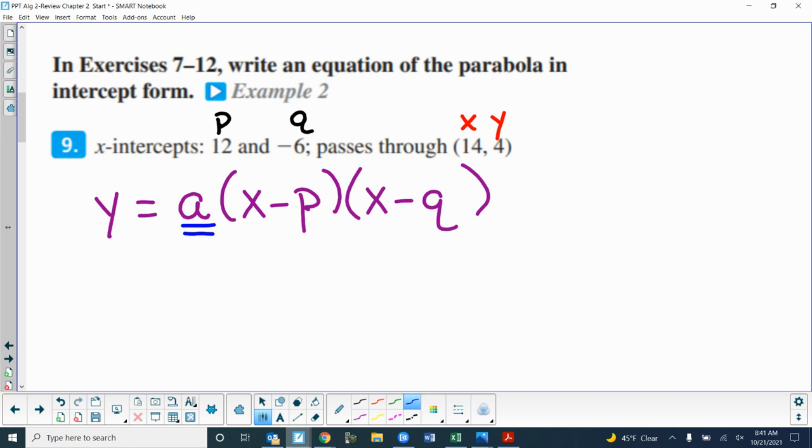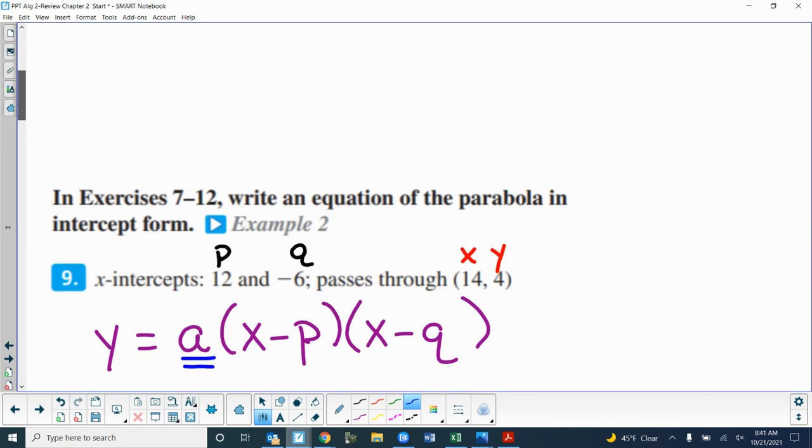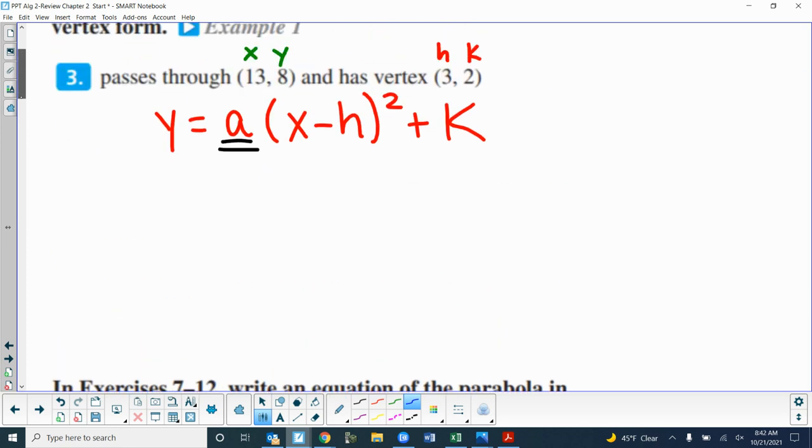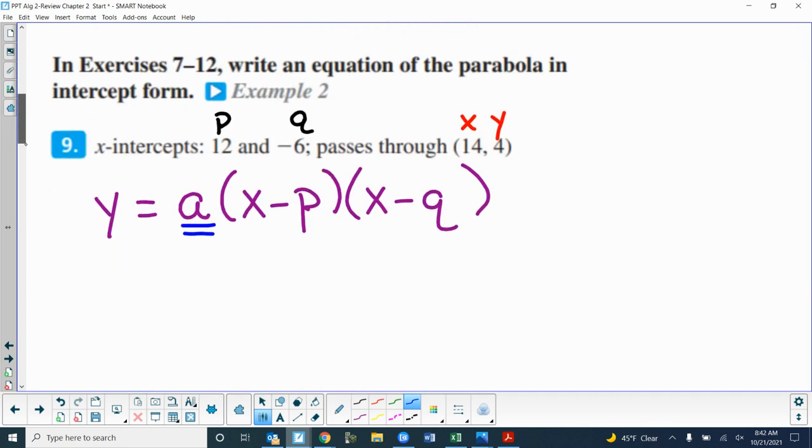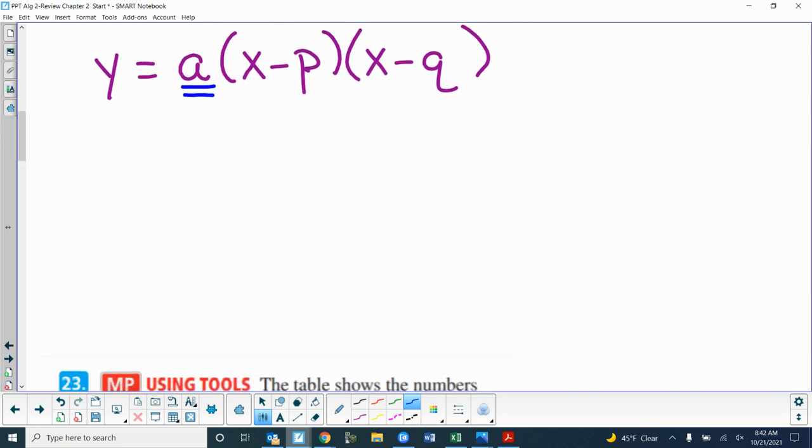Okay, so we have 3 forms of the quadratics, right? We've got intercept form, that's this one. That's vertex form. What's the third one? Third one's standard, right?